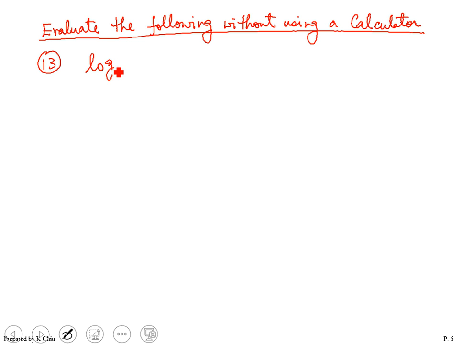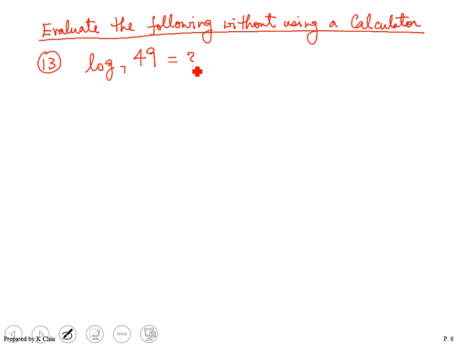Log 49 with the base 7 equals what? Can we tell what log 49 with the base 7 is? Well, sometimes it's hard to think of, especially at the very beginning. We are indeed thinking, hey, this is equal to maybe a question mark.